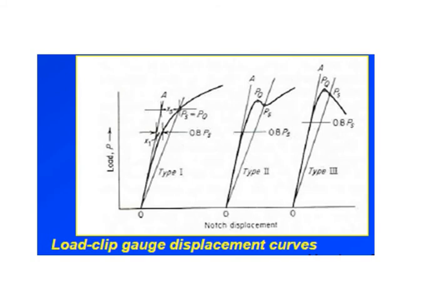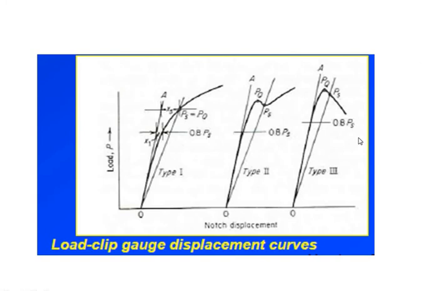In the last one, type 3, there is a pop-in and then it never rises again. There is a sudden decrease and then no incremental increase in the displacement curve. This is for very brittle materials or elastic materials. Here also PQ is the maximum load point.